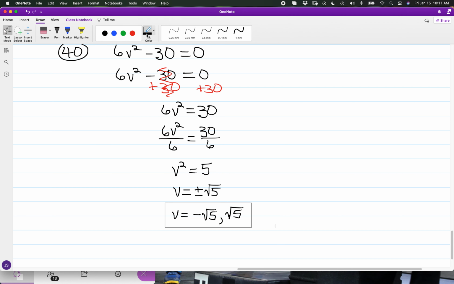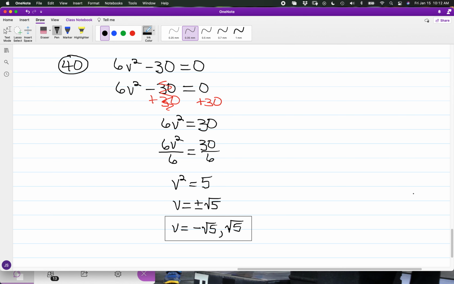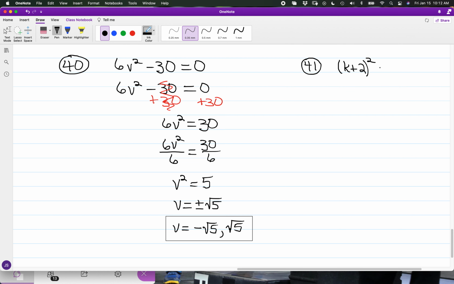In the case of number 41, this time we're going from v to now solving for the letter k. And in this one, once again utilizing the square root property of equality, you have k plus 2 quantity squared is equal to 28.